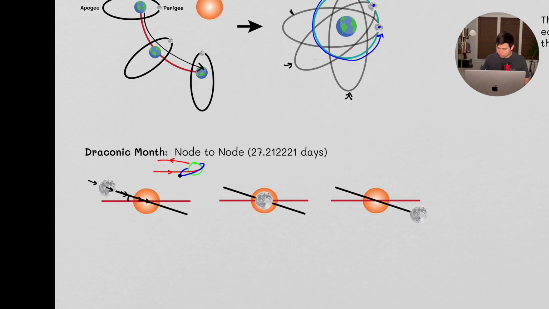And then you have the draconic month, which is a rotation of the moon around the Earth, but at this particular node on that path. One way to think about this is that the draconic month is the month where the moon actually will pass the face of the sun.